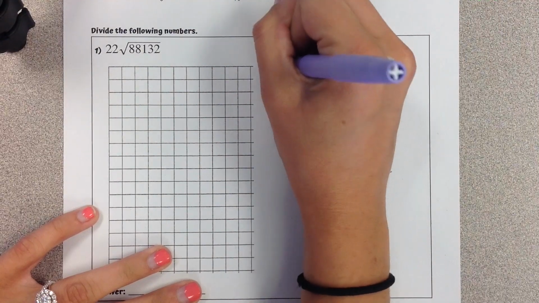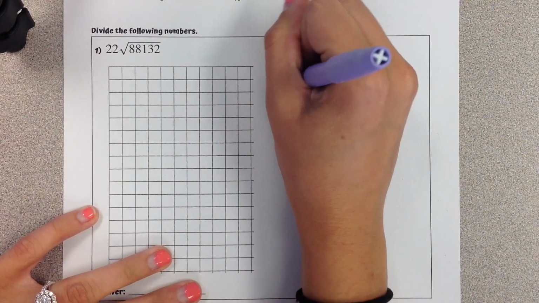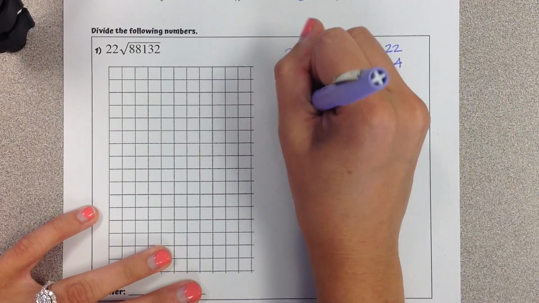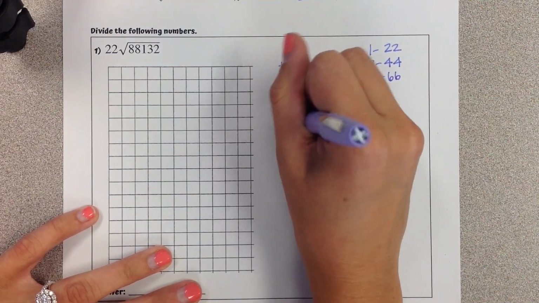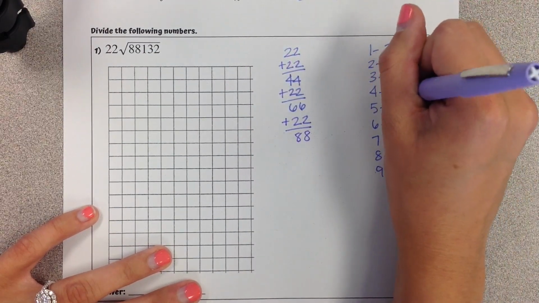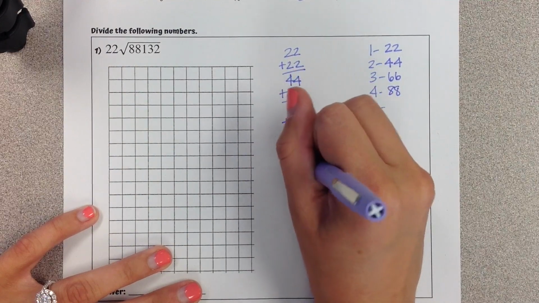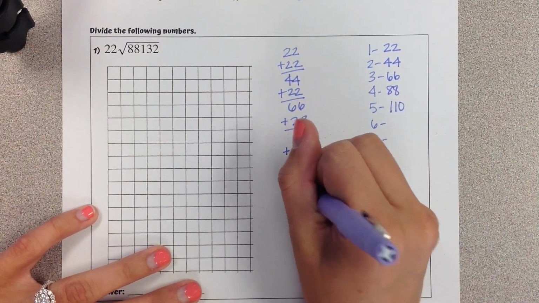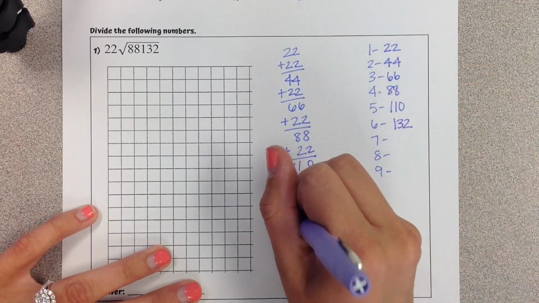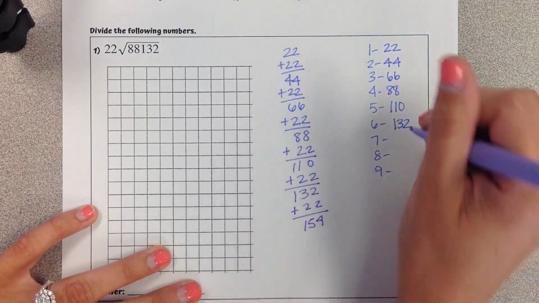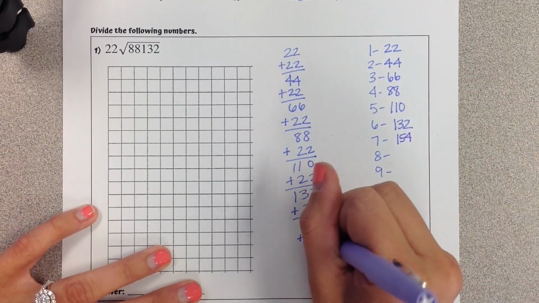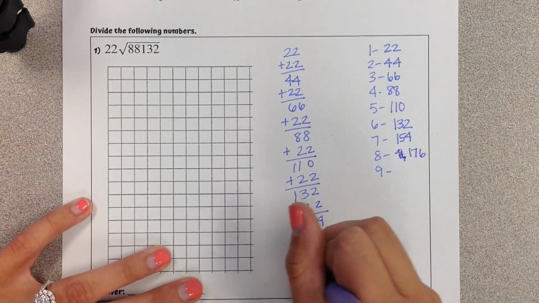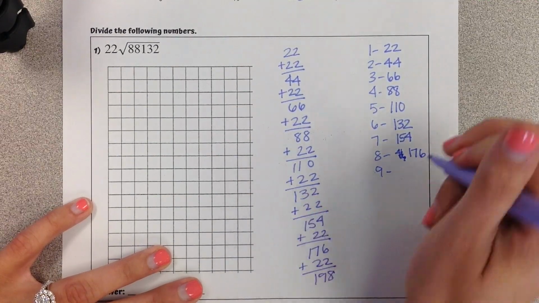Okay, so 22 plus 22 is 44. So my second multiple is 44, plus 22 is 66, plus 22 is 88, plus 22 is 110, plus 22 is 132, plus 22 is 154, plus 22 is 176, plus 22 is 198.